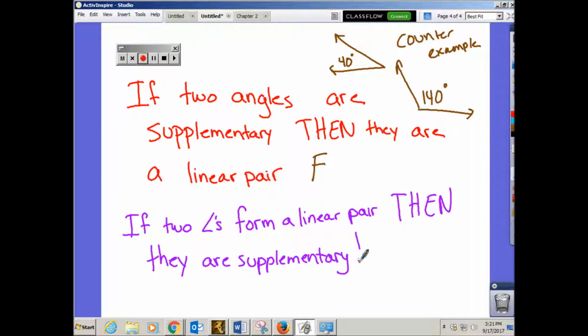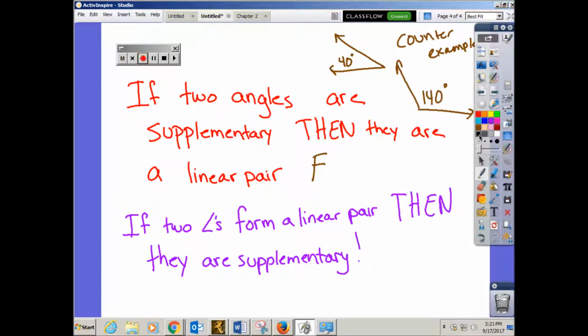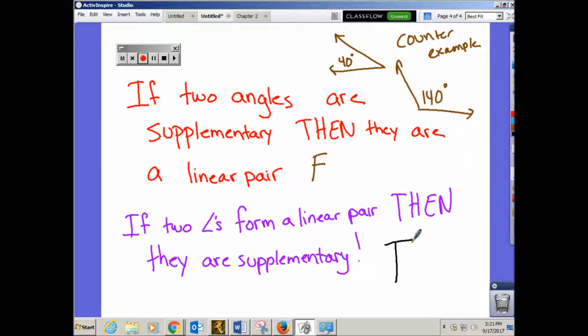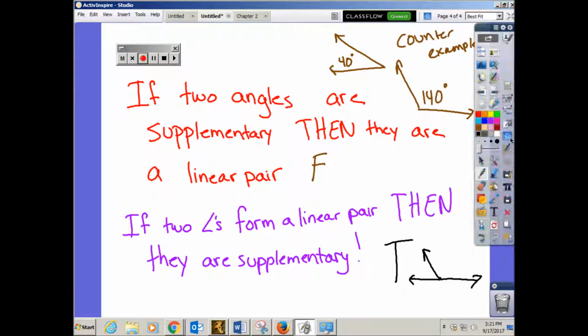And that is a true statement. Whenever I have a linear pair, they are supplementary, because their opposite sides are always going to make a straight line. Which brings me to my question: what would be a good definition of a linear pair?